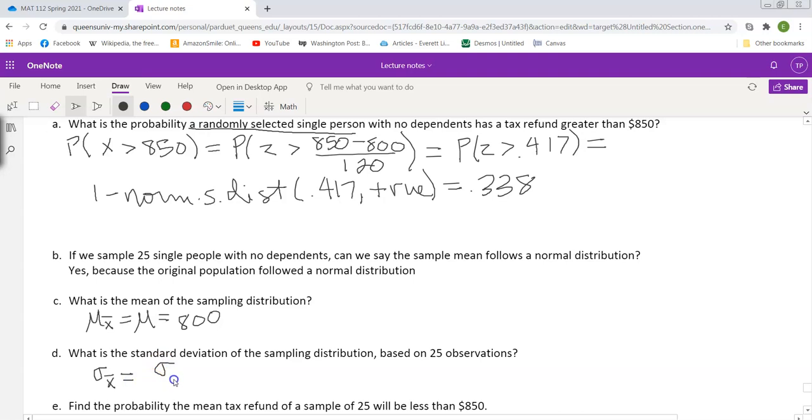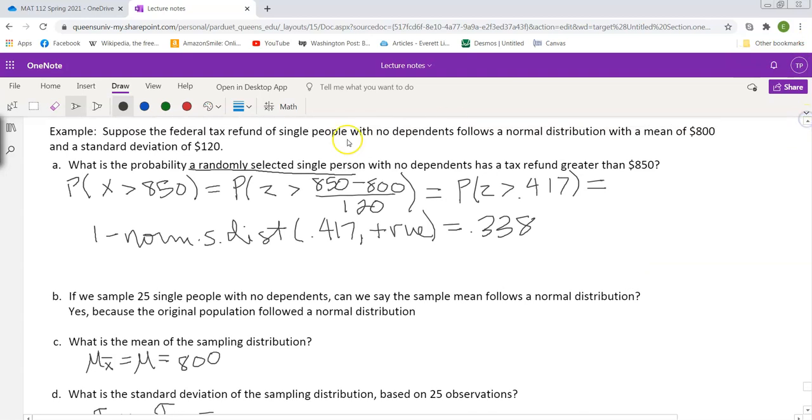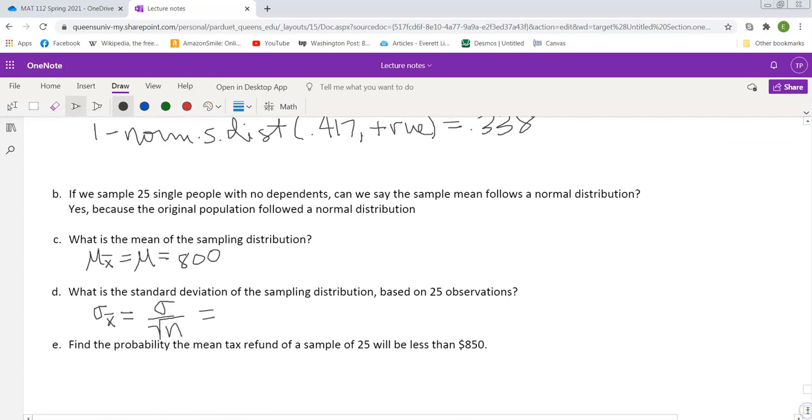Well, we know, because we've seen it before in the notes a little bit, that is sigma over the square root of n, which is, we know that sigma, the standard deviation, is 120, divided by the square root of the sample size.